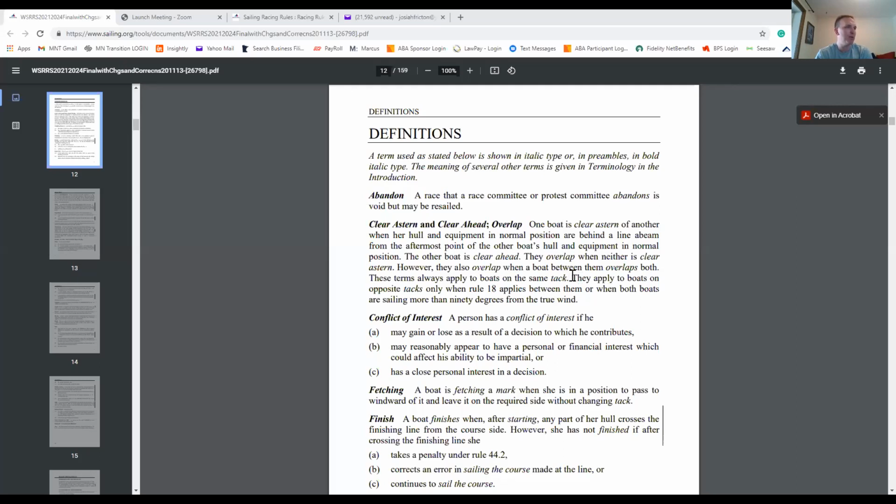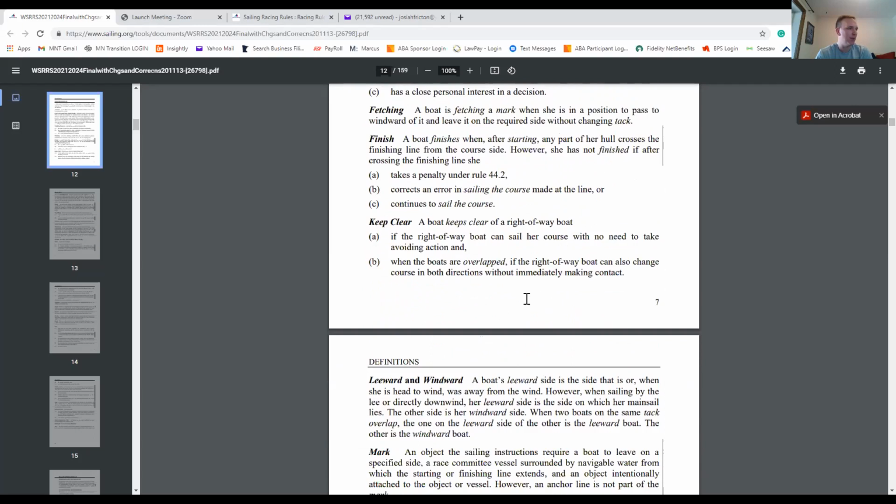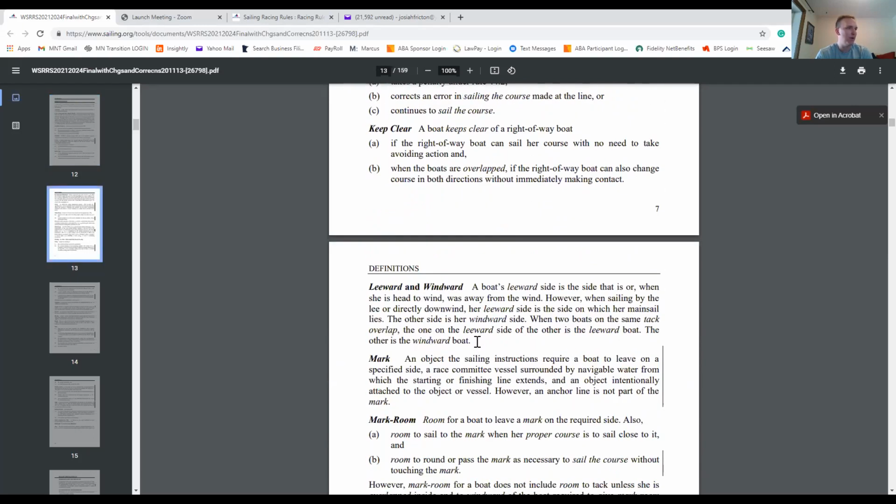They apply to boats on opposite tacks only when Rule 18 applies between them, or when boats are sailing more than 90 degrees from the true wind. So when we are going downwind, we're always looking at where the boom is. When sailing by the lee or directly downwind, her leeward side is the side on which her mainsail lies.